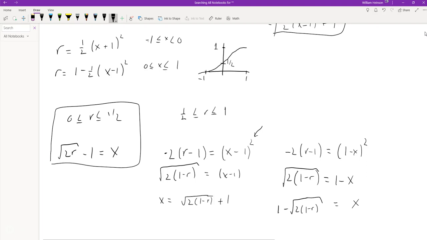Now let's put in 1. 1 minus 1 is 0, so this whole thing is 0, this thing becomes 1. So when I roll a 1, I should end up at 1. So yes, this is my solution for when r is between a half and 1.